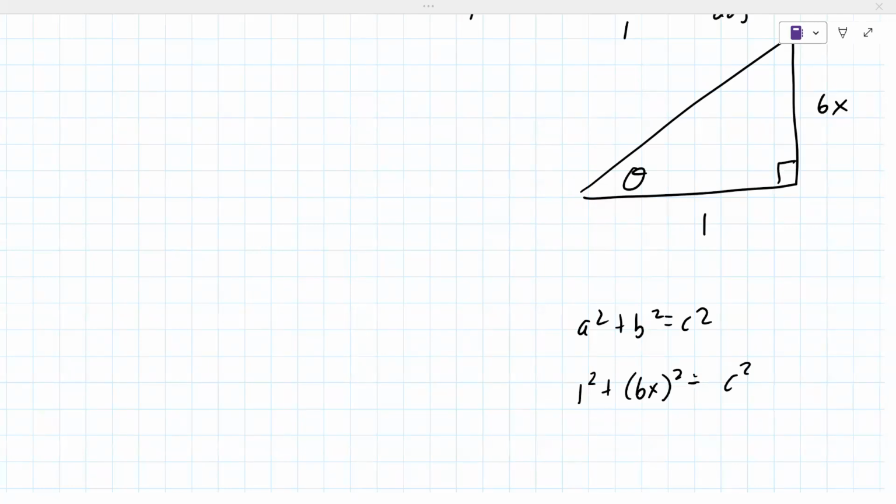So it'd be the square root of 36x squared plus 1.